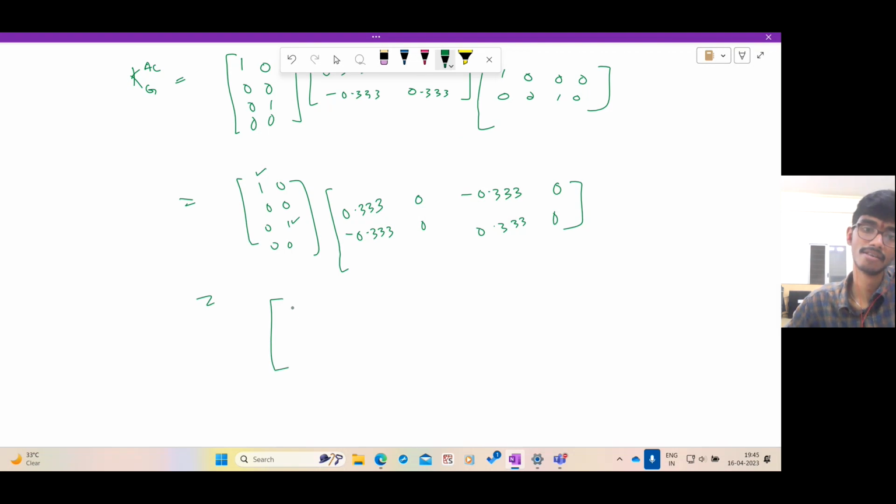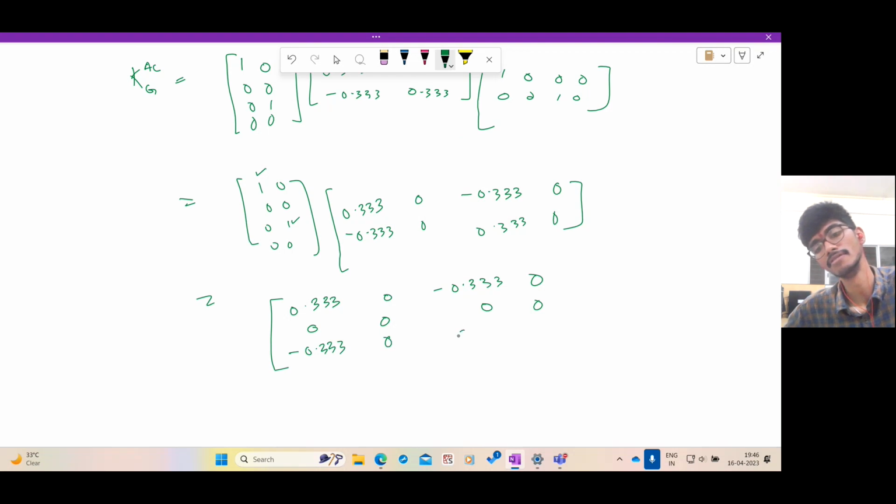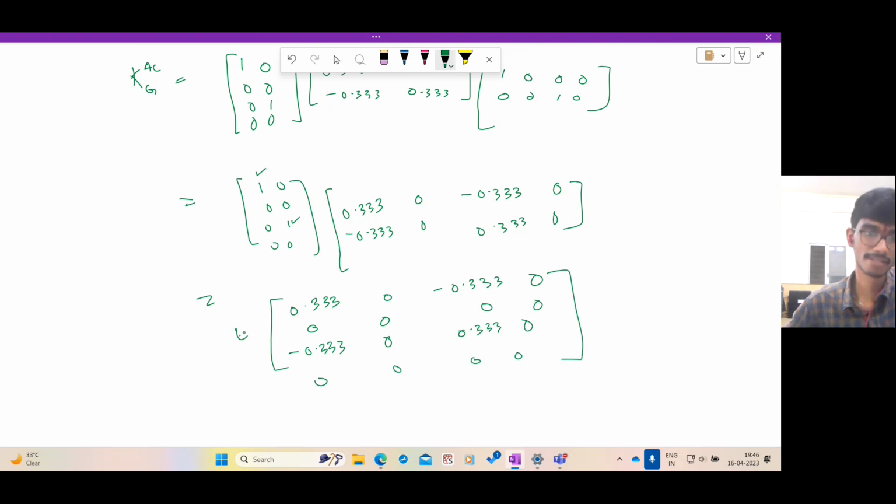We get 0.333, 0, minus 0.333, 0, 0, 0, 0, 0, minus 0.333, 0, 0.333, 0, 0, 0, 0, 0. There's an EA everywhere. So this is the element stiffness matrix in the global coordinates for the member AC.